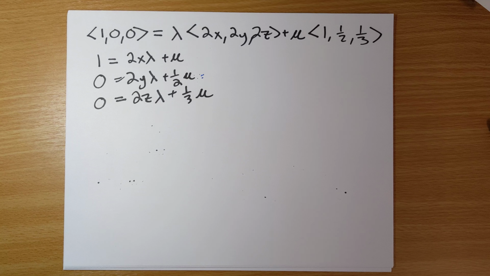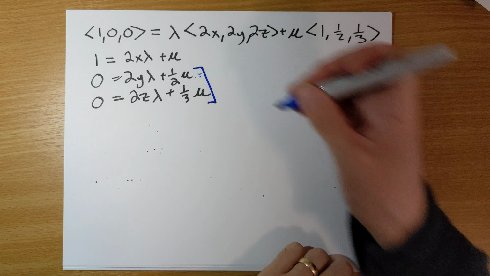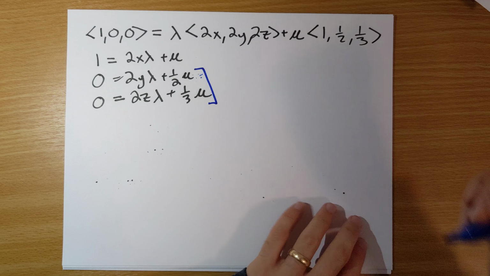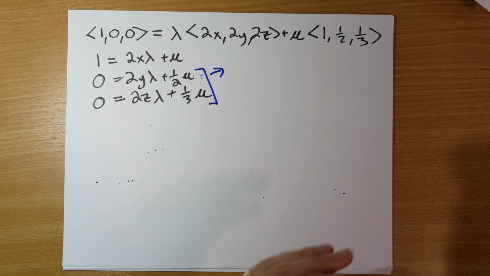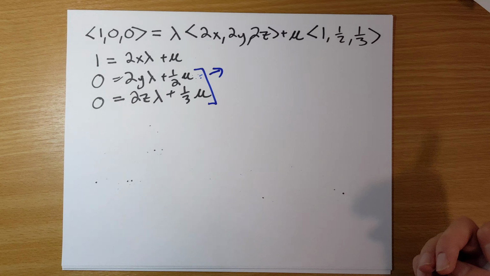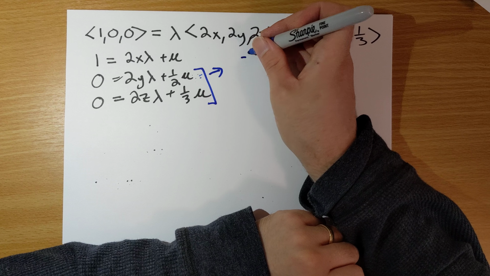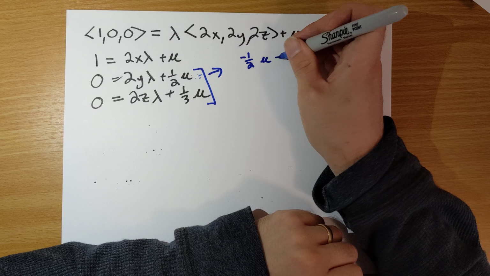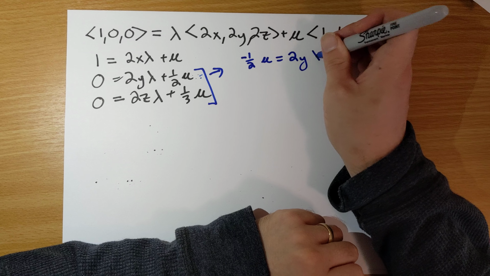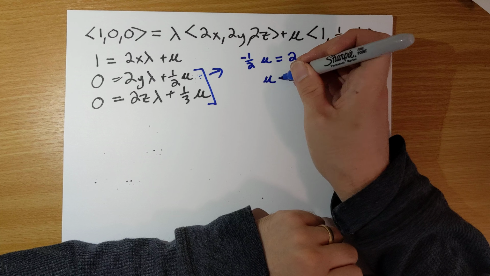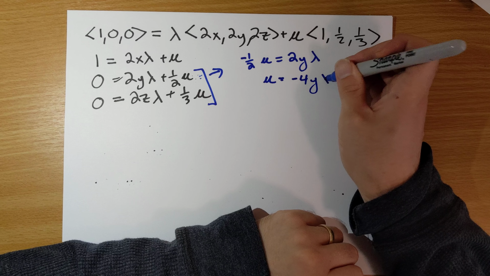let's take a look at these two equations here. I'm going to move the mu's to the left side of these equations. So we end up with negative 1/2 mu is equal to 2y lambda, or mu is equal to negative 4y lambda.